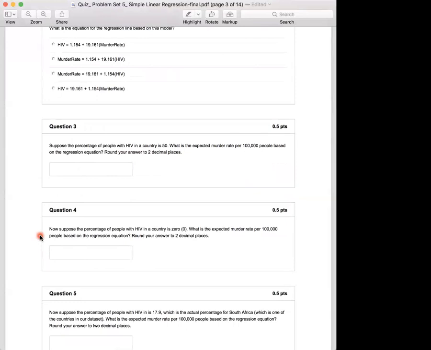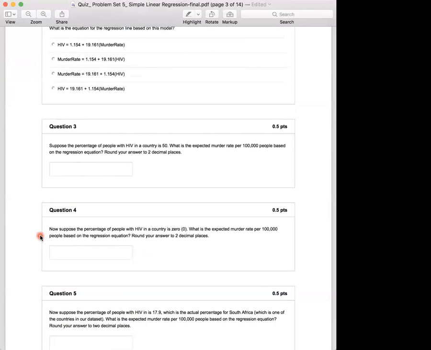Question number 3 asks, suppose the percentage of people with HIV in a country is 50. What is the expected murder rate per 100,000 people based on the regression equation? Round your answer to 2 decimal places. You should have a multiple choice option there.